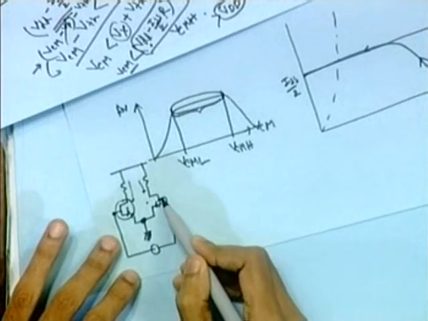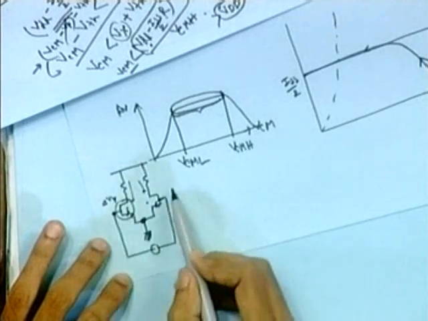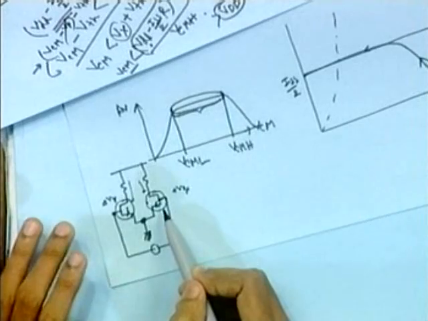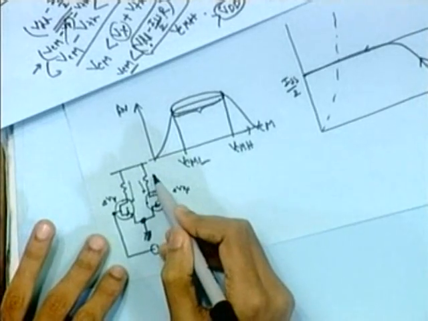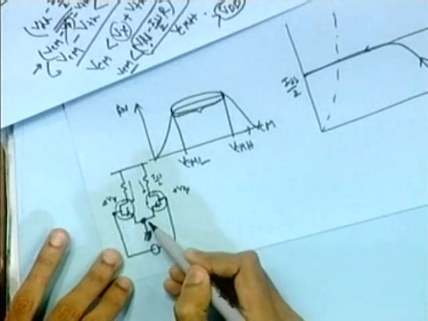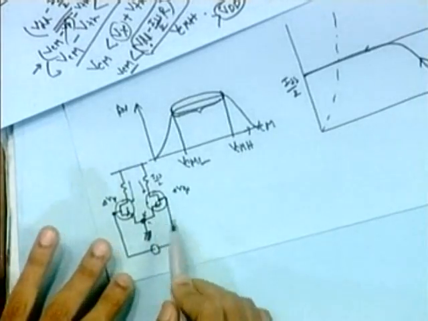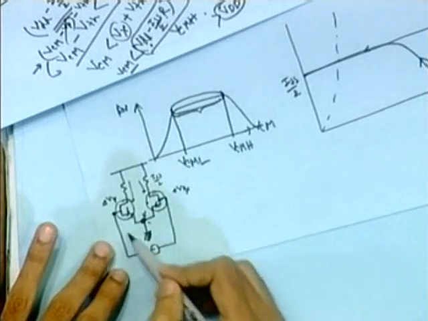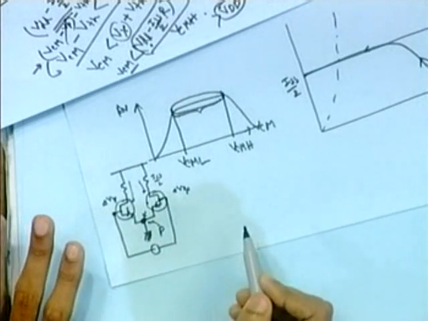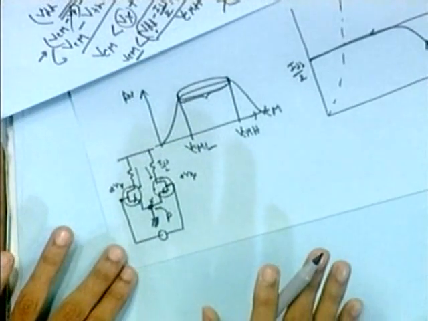I am increasing that voltage slightly, and by the same amount I am decreasing this voltage. So this transistor is becoming less conductive, and it will carry less current than ISS by 2. So the voltage across this constant current source will remain constant. The AC signal entering through this circuit will see this point as grounded, because there is no variation of this voltage if we fix our input common mode voltage.